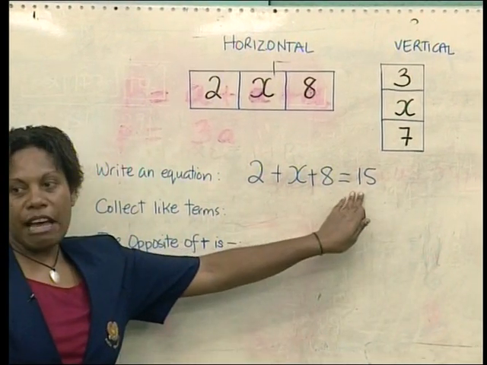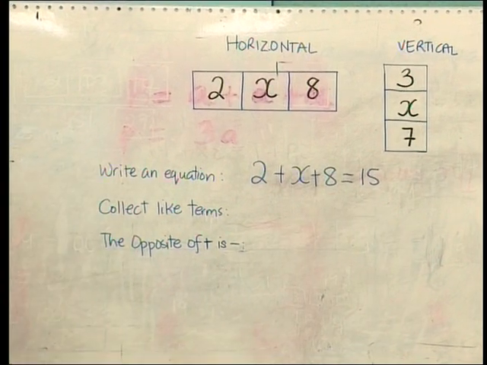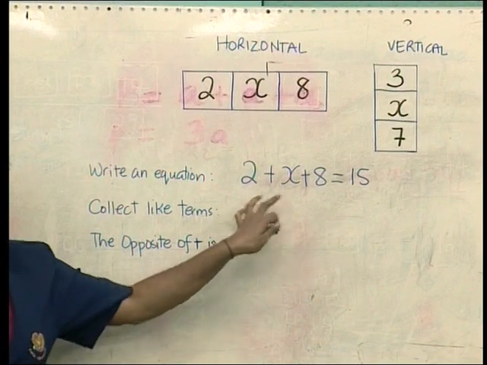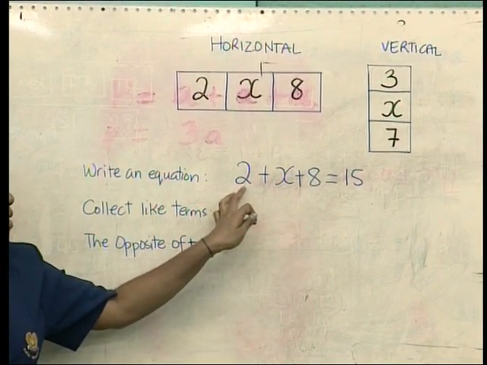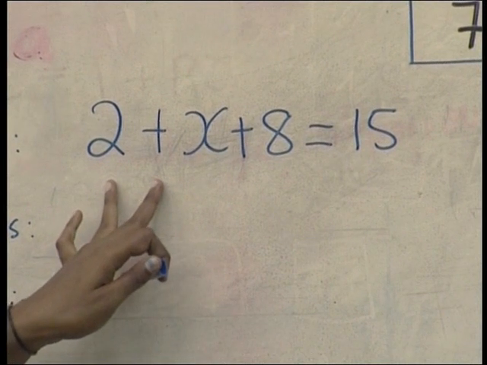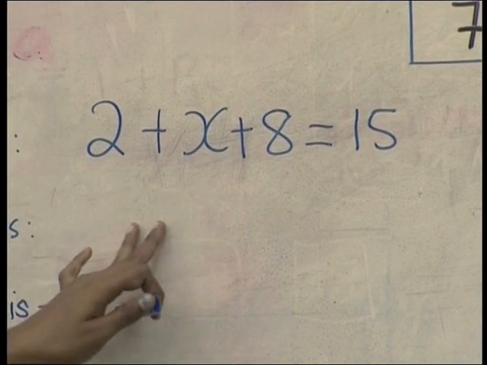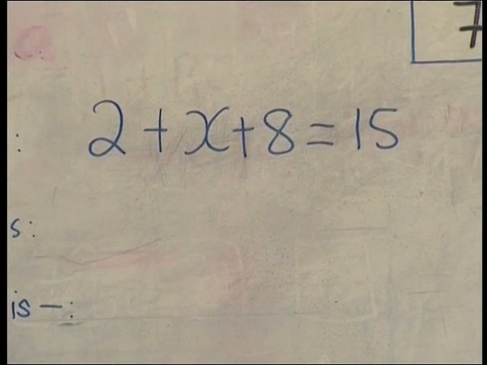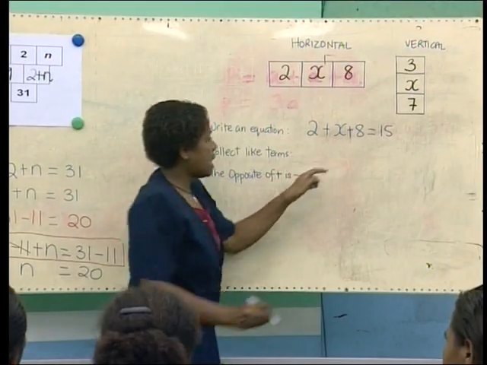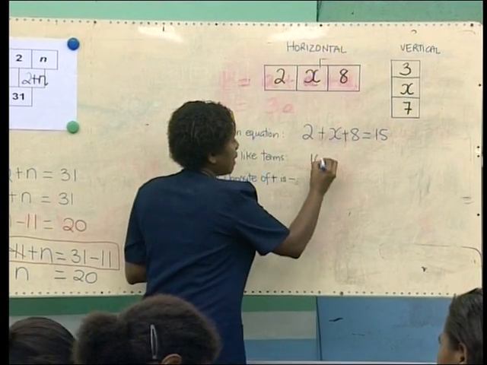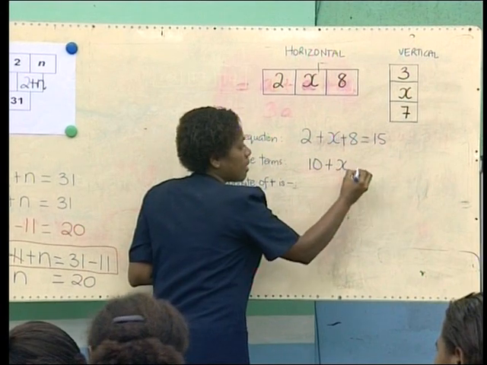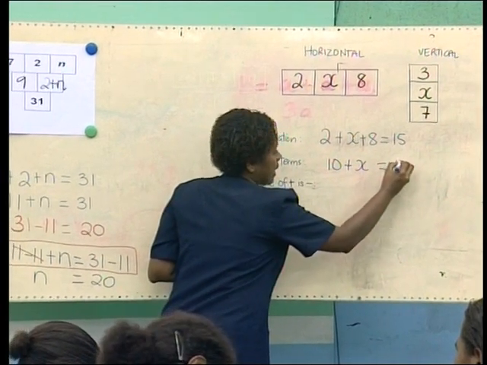Okay, now we have an equation here. What are we going to do the next step? We collect the like terms. The like terms, same terms or numbers here. What are we going to do? Add 2 and 8. So 2 plus 8 is 10 plus X equals 15.